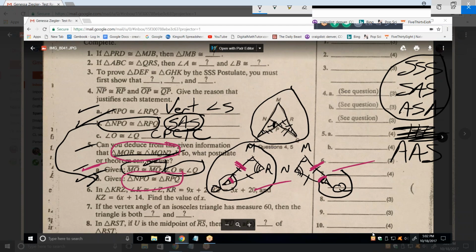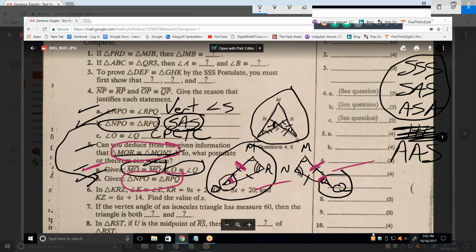But if I'm given statement A and statement B, then I know that R is congruent to N, and it's congruent based on angle-side. So given both of these statements, A and B, you can deduce that triangle MOR is congruent to MQN. But you need both of them. One alone doesn't do it.